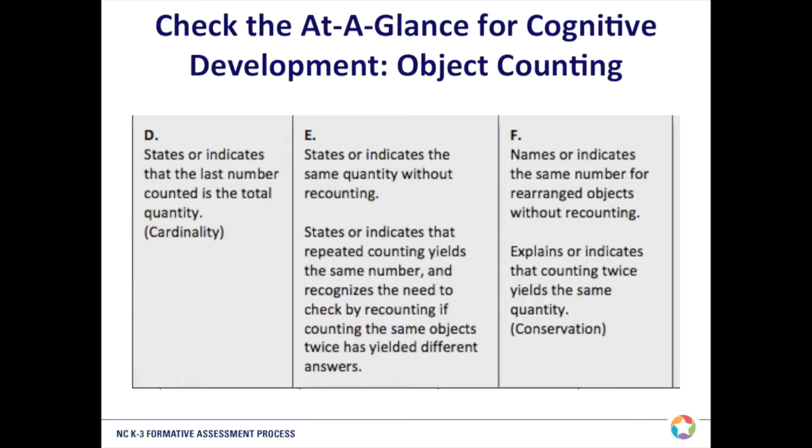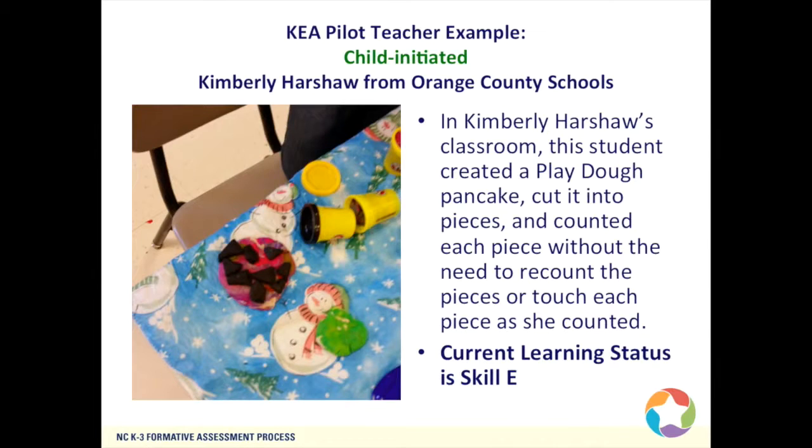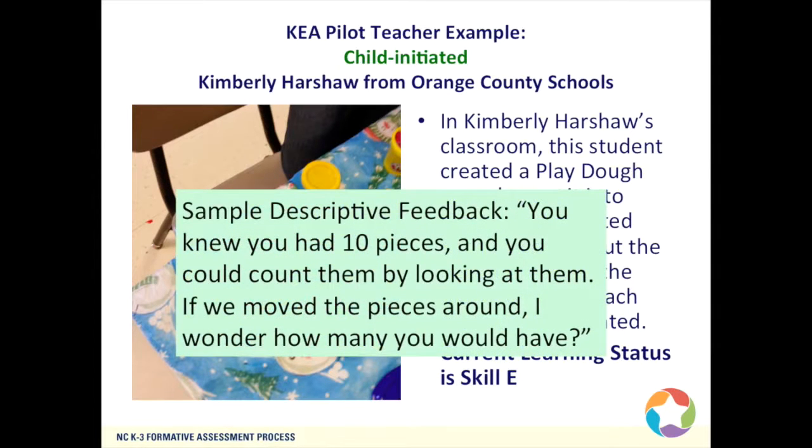So we know that she has met skill step E, states or indicates the same quantity without recounting. And we'll look at the next step, F, names or indicates the same number for rearranging objects without recounting. Let's go back to the example. So here's some sample descriptive feedback that we can provide for this student.